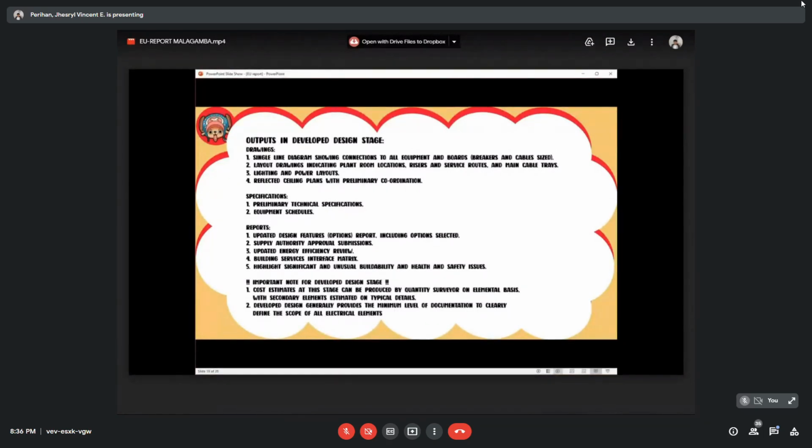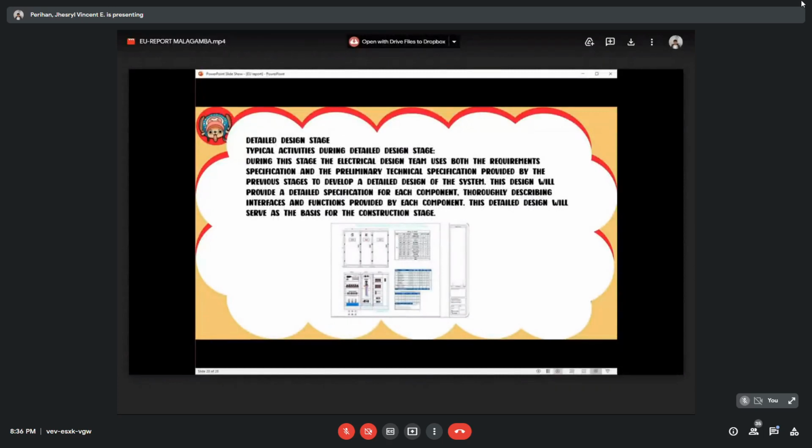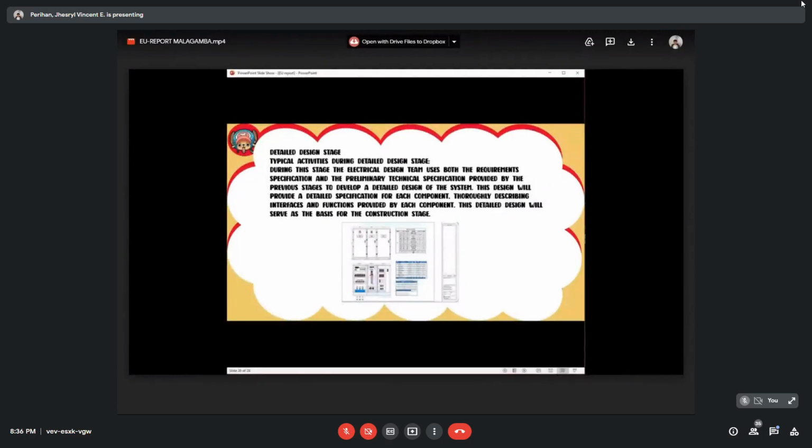So developed design generally provides the minimum level of documentation to clearly define the scope of all electrical elements. So the last stage, the detailed design stage, or the fourth stage, electrical designing.